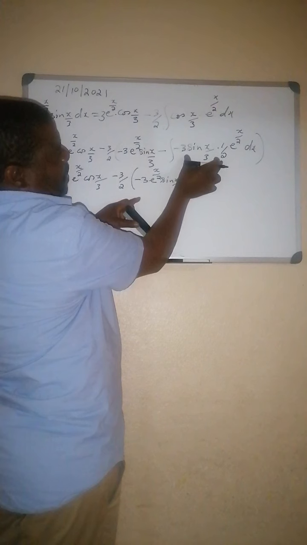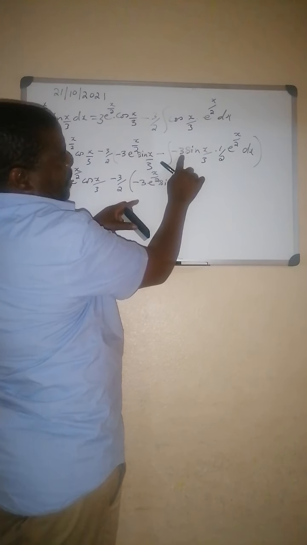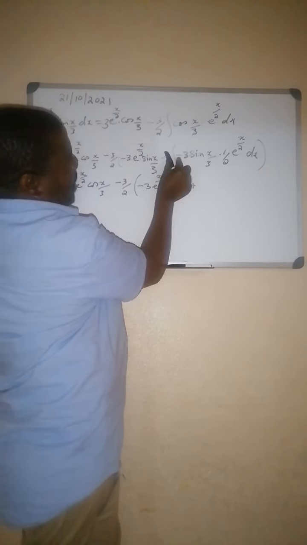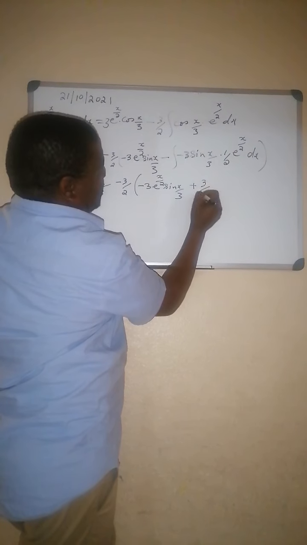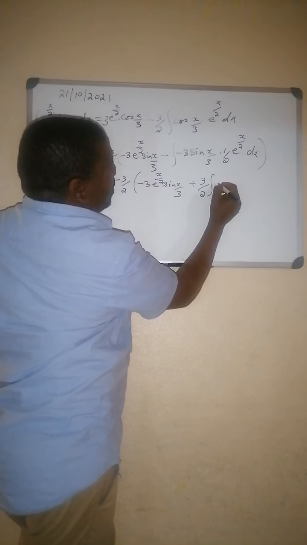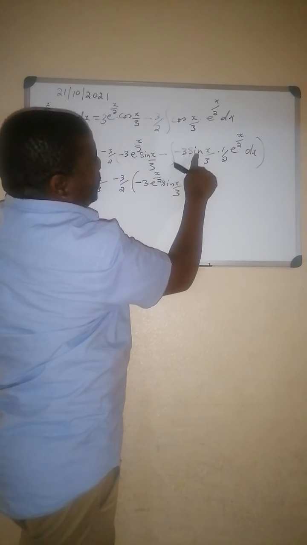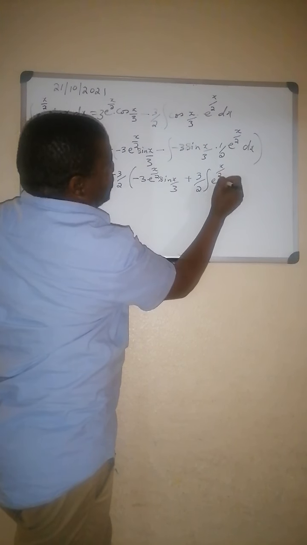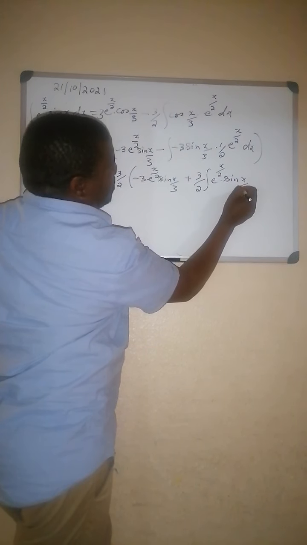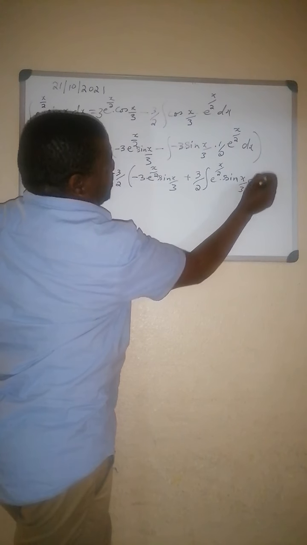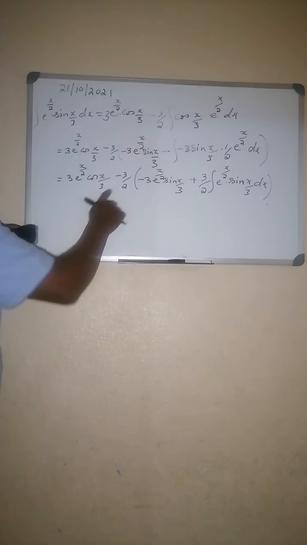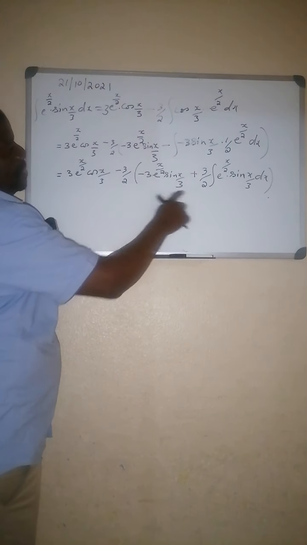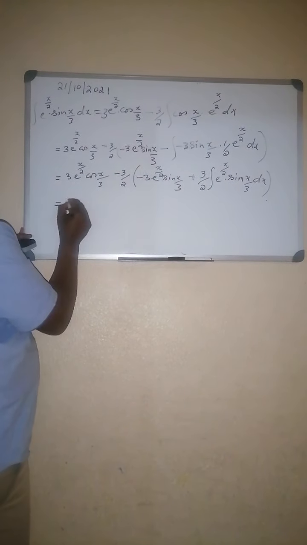Now because I want to take out 3 and 1 over 2 as constants, and I've simplified there, then it means I have 3 over 2 the integral of, I'm left with sine x over 3 and then the e to the x over 2 dx, which means now that I can multiply out the brackets.